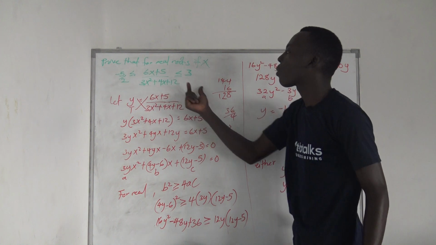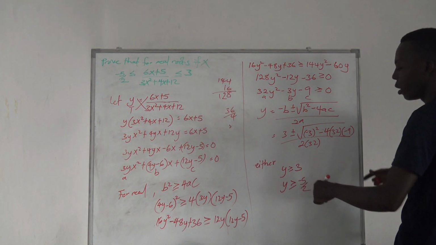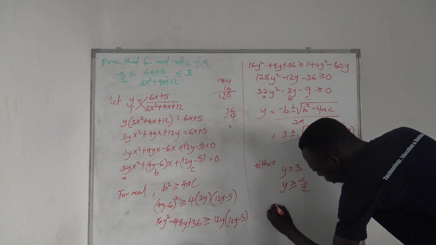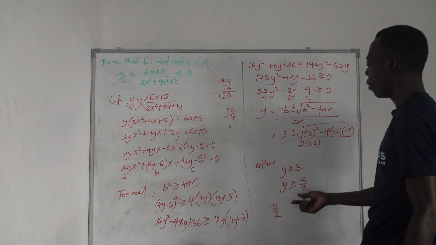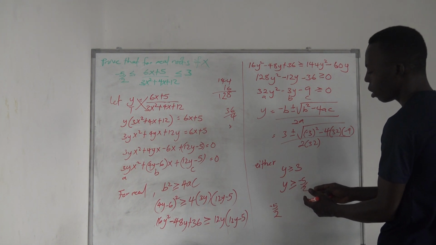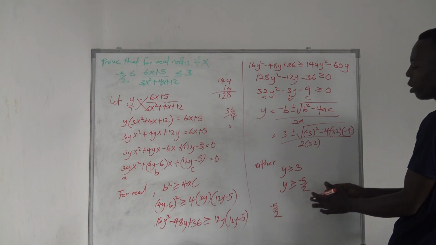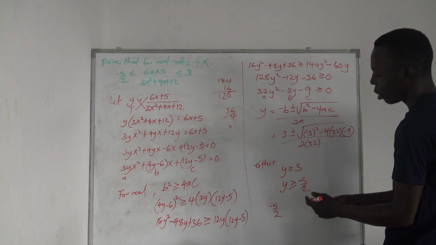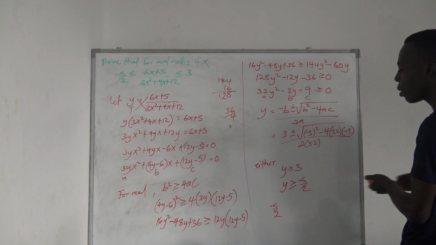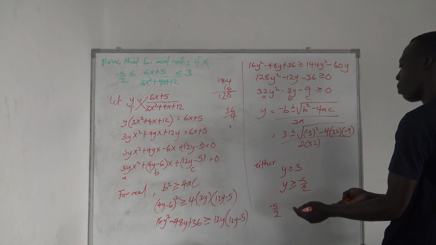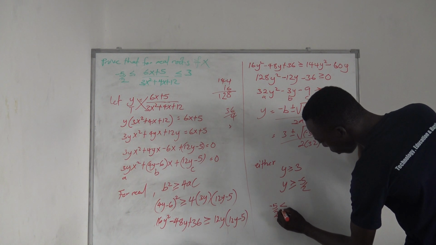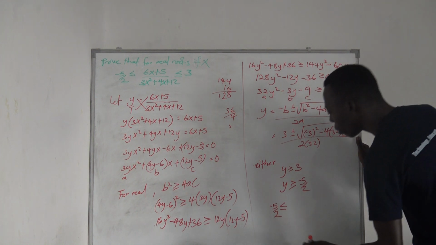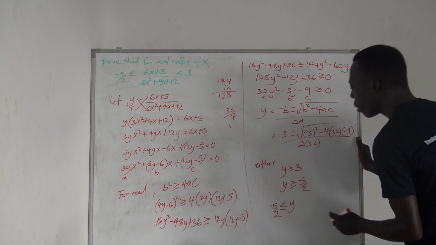When writing this, begin with the negative 5 out of 2. Now the sign changes direction, following the letters, so it becomes negative 5 out of 2 less or equal to the value of y.